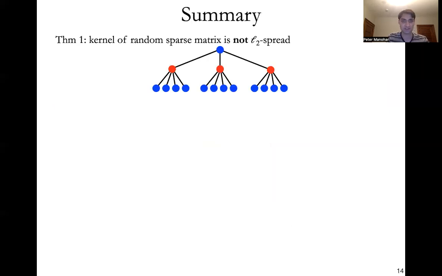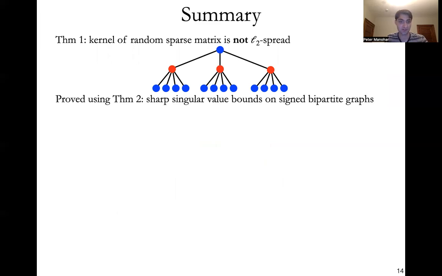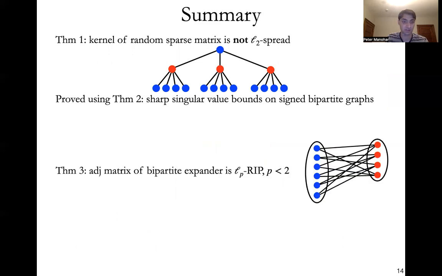So just to summarize, in our theorem 1, we show the kernel of a random sparse matrix is not L2 spread. And we prove this using our second theorem, where we show very sharp singular value bounds on signed bipartite graphs. And in our third theorem, we show that the adjacency matrix of a bipartite expander is actually LP-RIP. And then as a corollary, we get the kernel of a random sparse matrix is also LP spread for p less than 2.